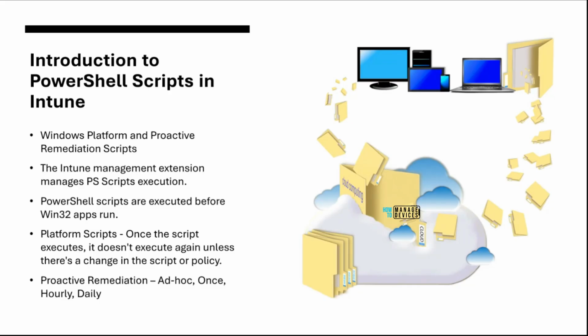So I have seen some customers who have kept the script with only detection, not targeted to any devices, but they use a Graph API in the backend and try to run the script on a group of devices every 15 minutes, every 30 minutes, etc. I would not recommend such practices because though you give a lot of requests to Intune, Intune has throttling on the service side, and not all your requests will be honored on a timely basis.